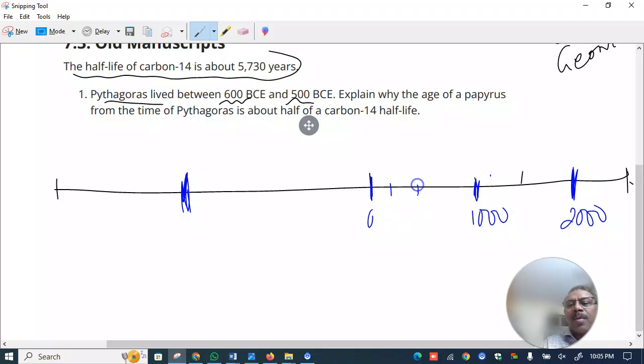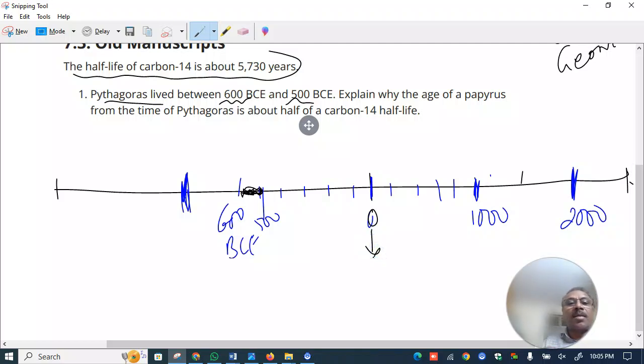Then we have 5 pieces, which is 200, 400, and all that. If I write down 1, 2, 3, 4, 5, and 6, this is 600 BC, and this is 500 BC. So this is the period where Pythagoras lived his life, those years before the common era. This is the initial one.